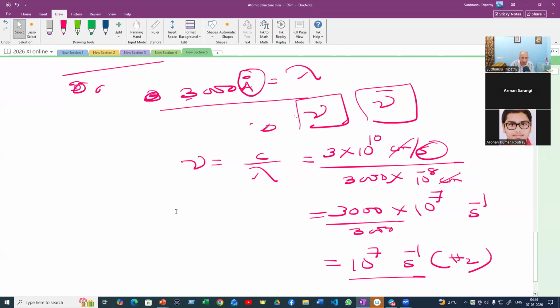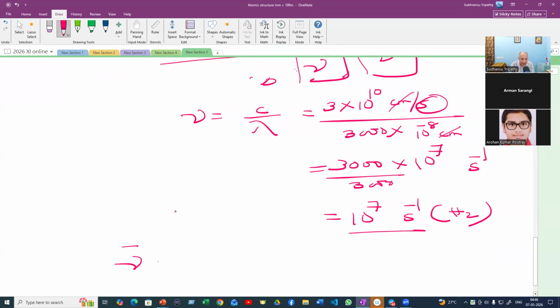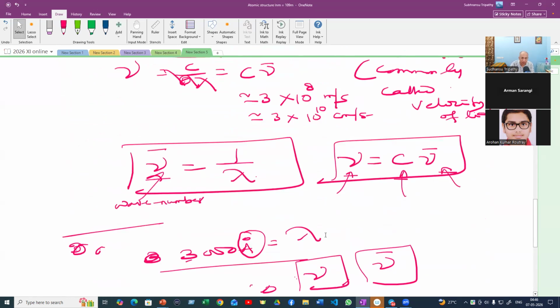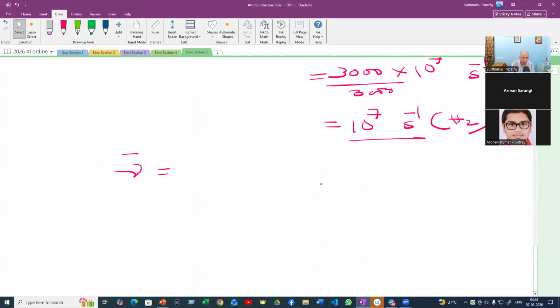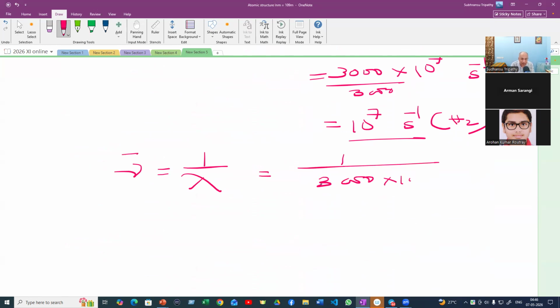And if I ask you to find nu bar, either you can use this formula, nu bar is equal to nu by C. If nu is equal to C nu bar, so nu bar is equal to nu by C. But I usually do it the other way, 1 by lambda. Nu bar is equal to reciprocal of wavelength. So 1 by 3000 angstrom, and angstrom is 10 to the minus 8 centimeter. So the 10 power goes to the numerator, it becomes plus 8.